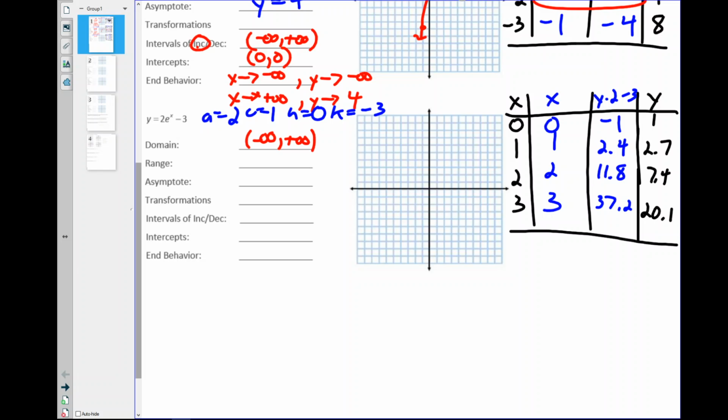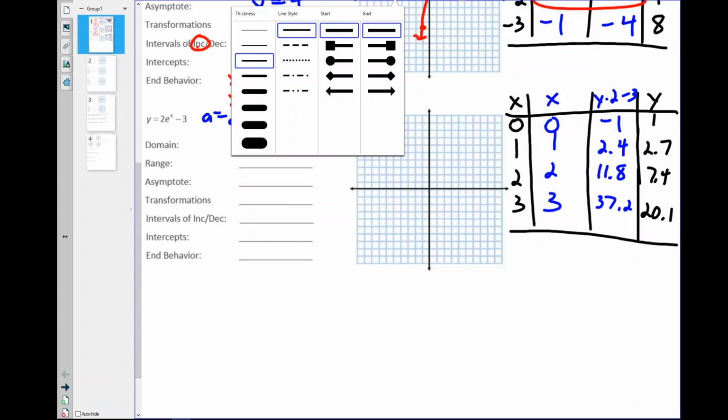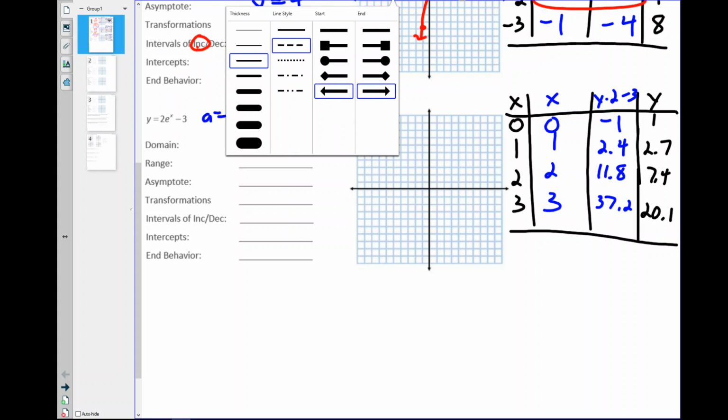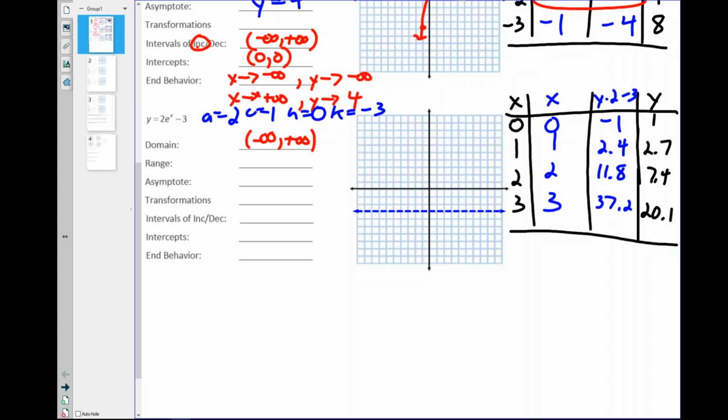Y equals -3. Excellent. Well played, sir. And then it's just 0, -1. Where do I find 2.4? Just in between 2 and 3. Just get it close. 2 and 11.8, that's like up here somewhere. So here's my graph.